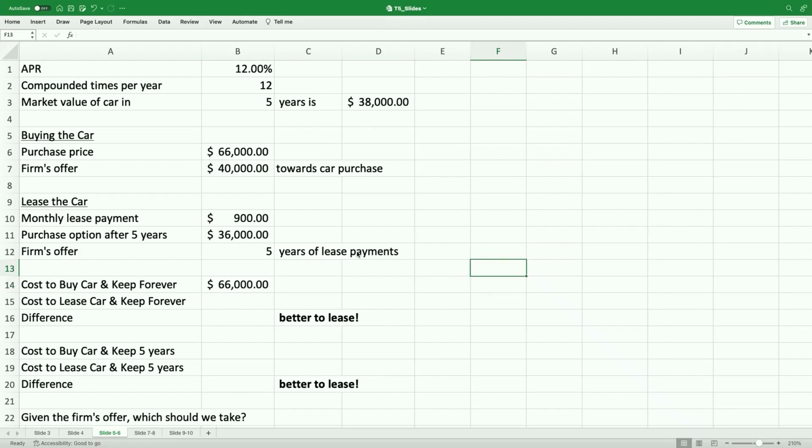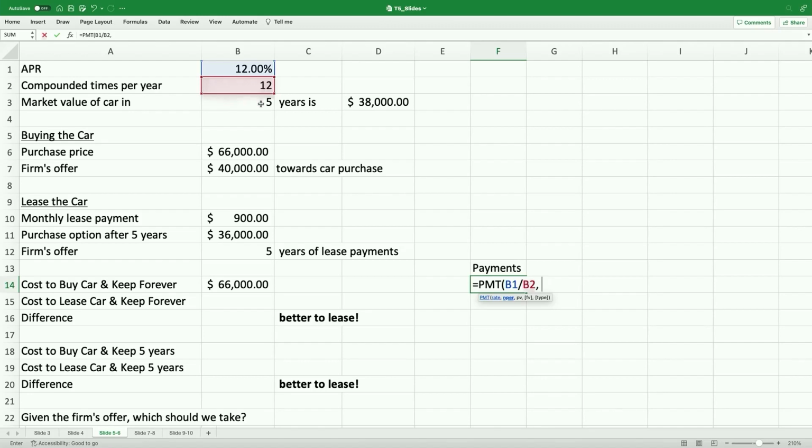Imagine we bought the car, but we had to borrow the money. What would our payments be? Well, we would use the PMT function to figure out our monthly payment. So we'd say PMT, what is our rate? It's 12% divided by 12, 1% per month.